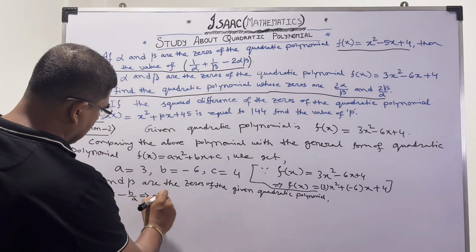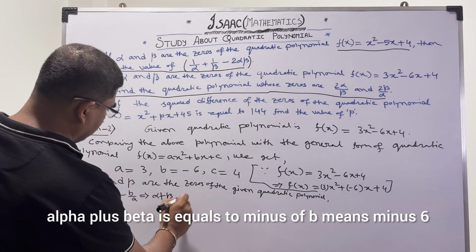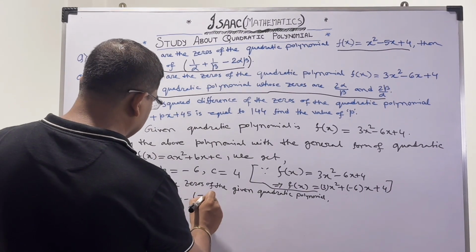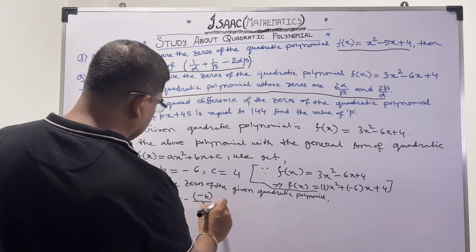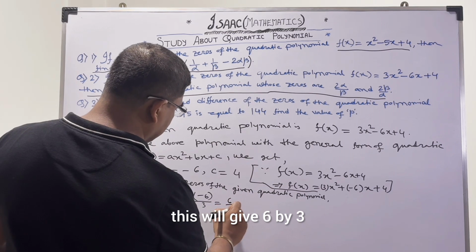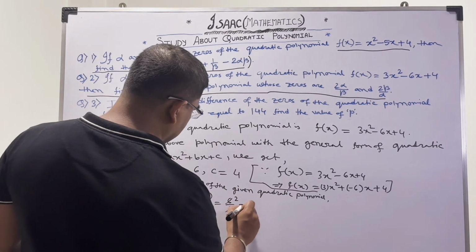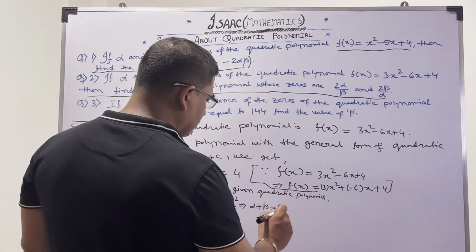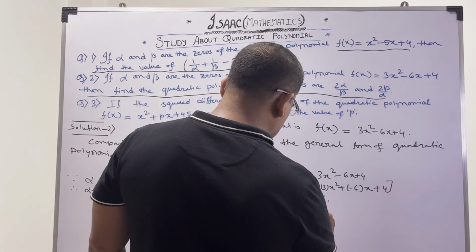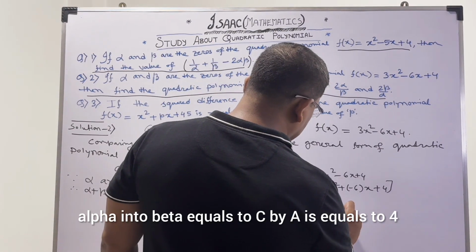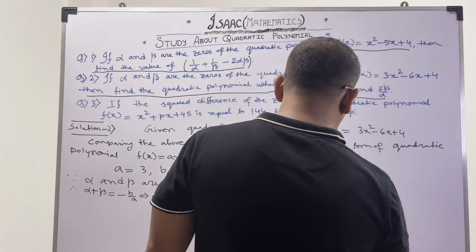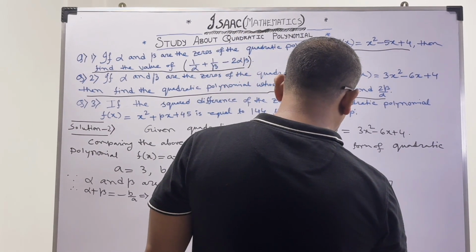This implies alpha plus beta is equal to minus of b, which means minus 6, and a means 3. This will give 6 by 3, so alpha plus beta is equal to 2, and alpha into beta equals c by a, which is equal to 4 by 3.